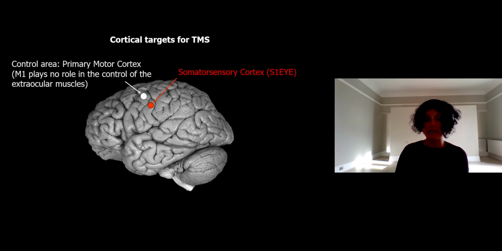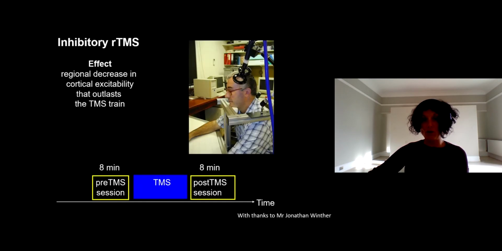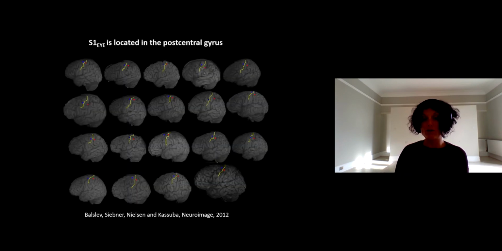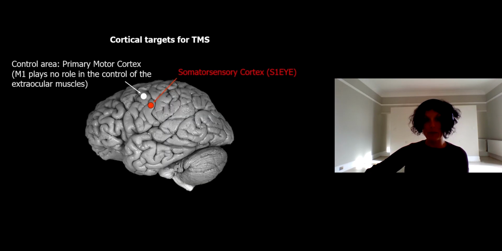So what we did is to go 3 centimeters posterior and inferior from the primary motor cortex to reach the somatosensory cortex. And we verified using neuronavigation, using structural MRI, that we were indeed in the postcentral gyrus.